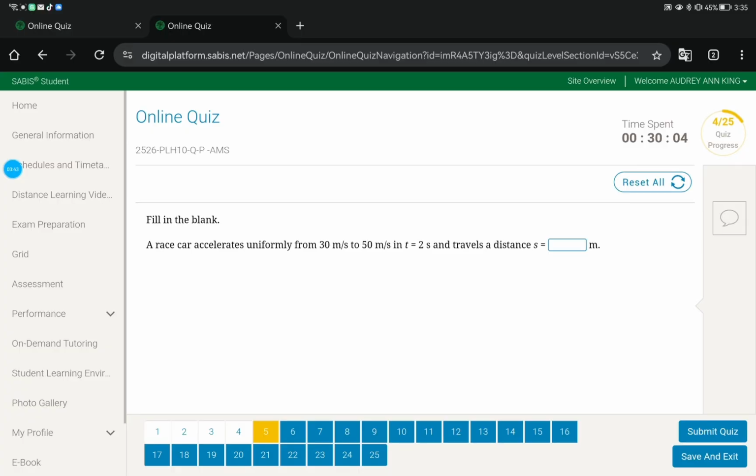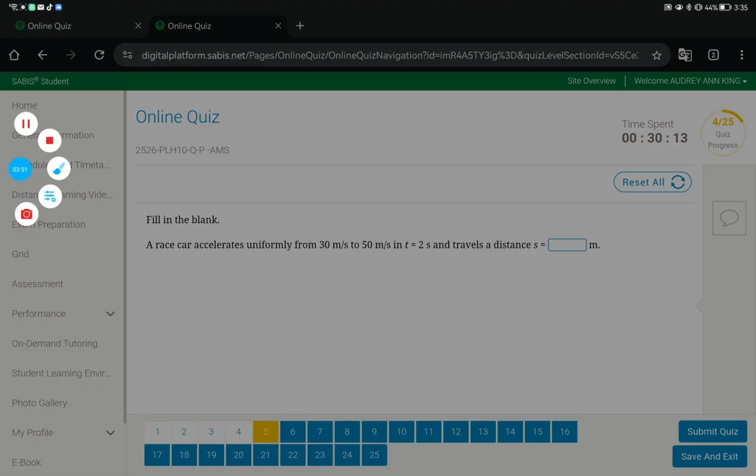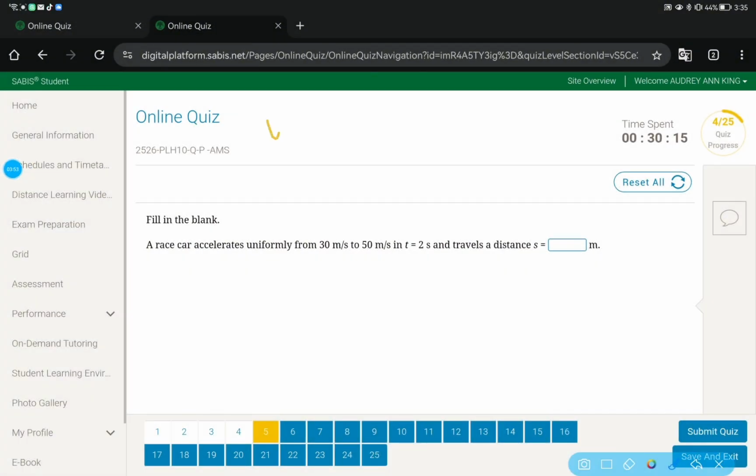A race car accelerates uniformly from 30 meters per second to 50 meters per second in 2 seconds. Okay, so let's write down what they've given us. They've given us the initial velocity, which is 30, the final velocity, which is 50, the time, which is 2 seconds, and they want us to find the displacement.